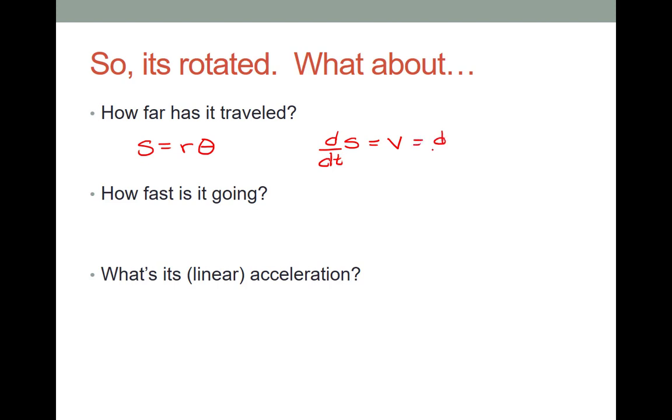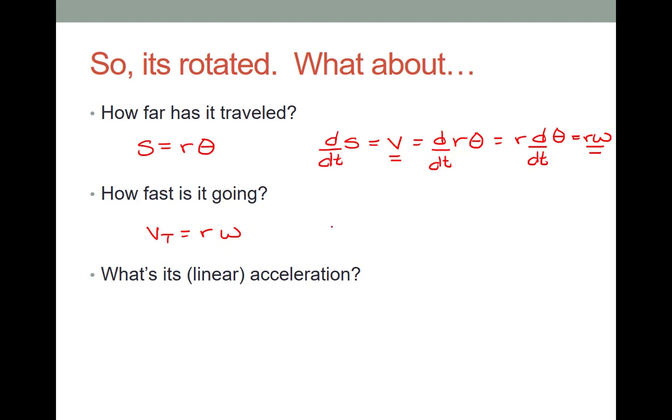But that's equivalent to d by dt of r theta because S equals r theta. If we assume that the radius is constant, it pulls through the derivative, and I have r times d by dt of theta, but that is simply r omega. So now if you look, I have the tangential velocity is going to be r omega.